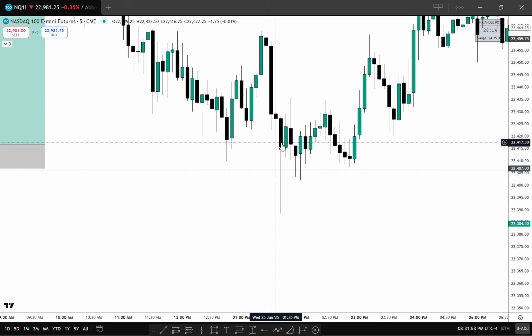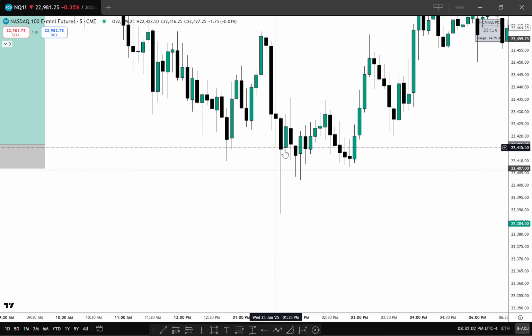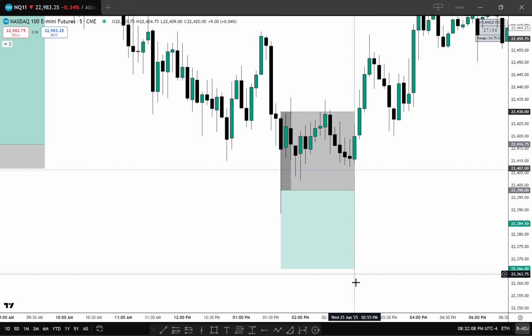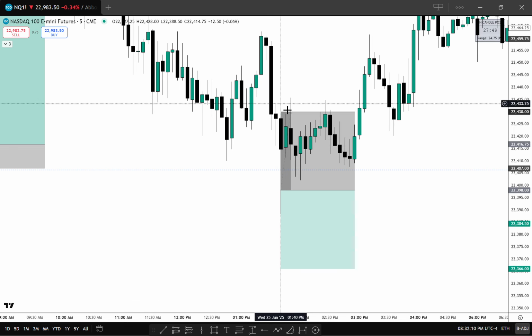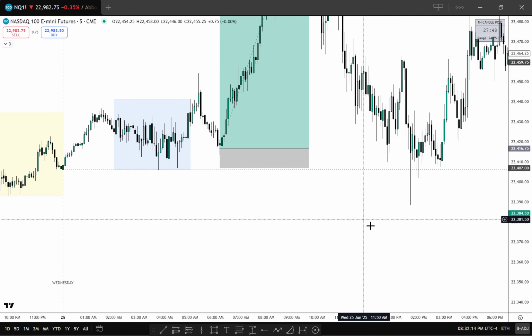So anyone that's trading this candle, if they went short and entered like here, for example, before the candle closed, then now they're trapped as soon as the wick's back up. That's one way of looking at it.